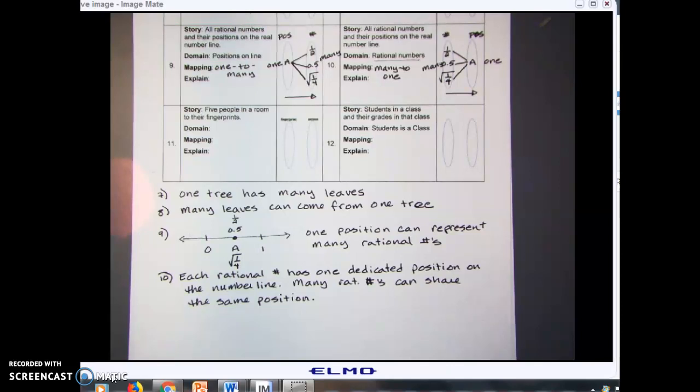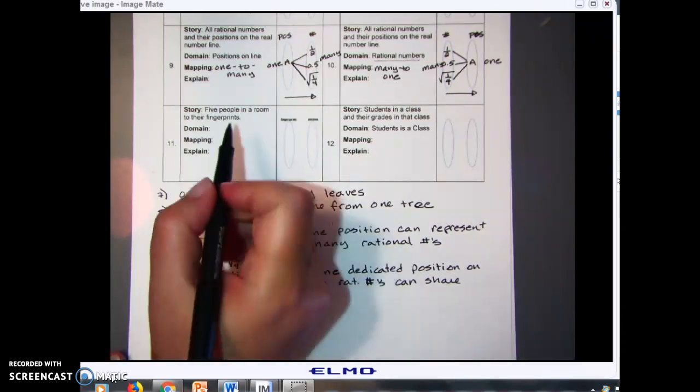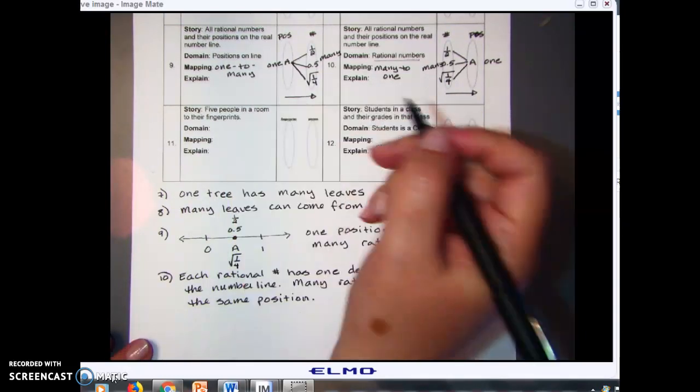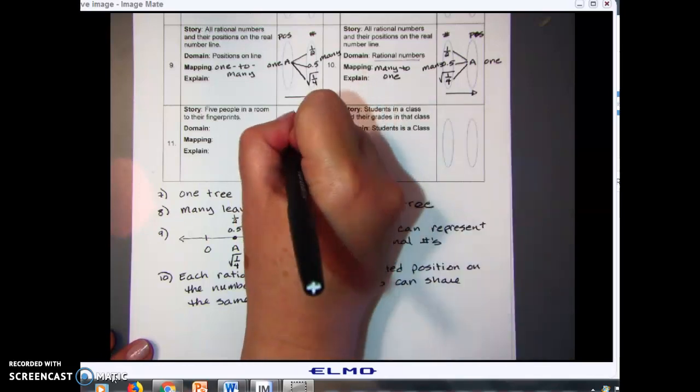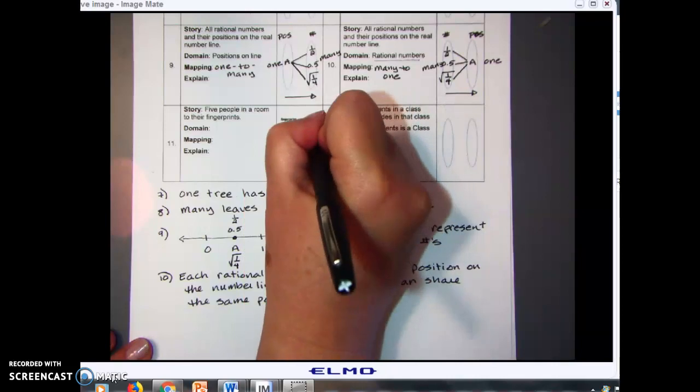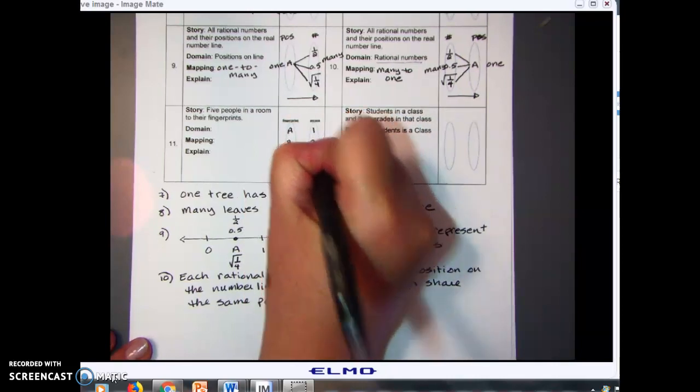All right, so question number 11 says there's 5 people in a room and their fingerprints. And so on this one, I let you choose what your domain is. Okay, so we could have fingerprint A, fingerprint B, and fingerprint C, and we have person 1, 2, and 3.